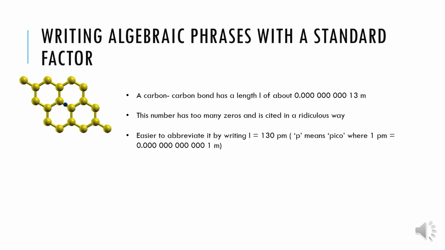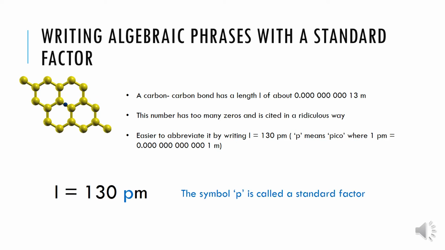So it's far easier then to abbreviate that number by writing it as the length of a carbon-carbon bond is equal to 130 picometers, where that p, that factor in front of the unit meter, means pico, where 1 picometre is equal to 0.000000000001 metre. And we call that term, that pico, a standard factor.